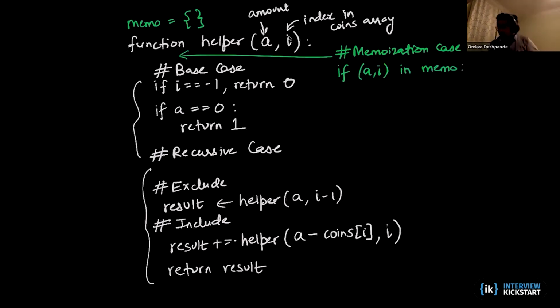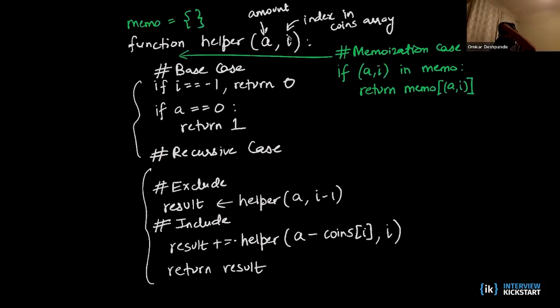then I will just look up its value and return that as my solution. If my subproblem definition is a key in the memo map, I'm going to just return memo of that subproblem definition. I'm treating the subproblem definition as a key, looking up the memo map, which is basically a hash table, and retrieving the solution and returning that.